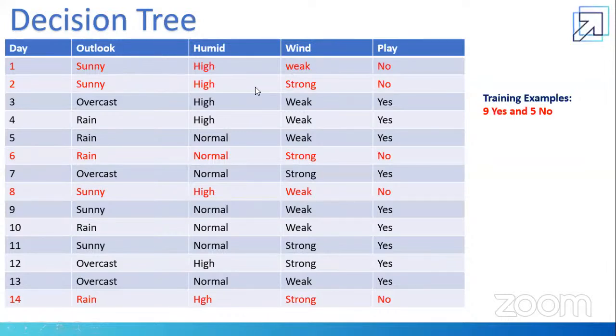So based on these 3 factors, we are deciding whether the child can go out to play or not. I hope this example is clear, this data is clear.